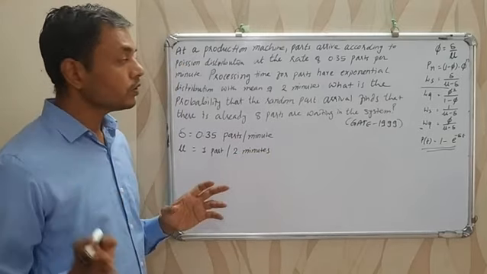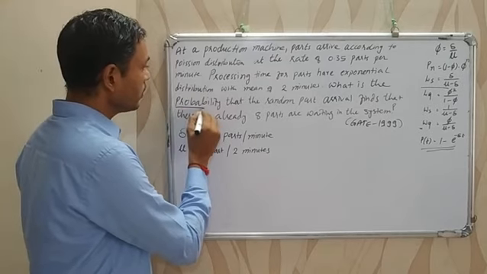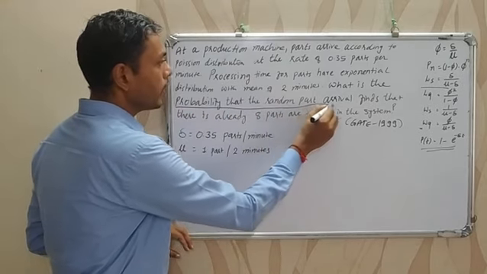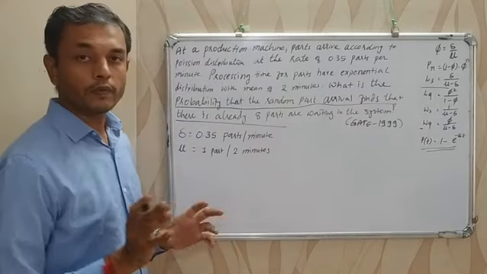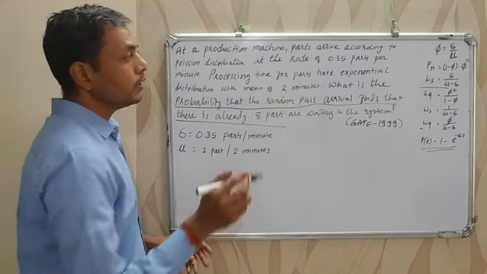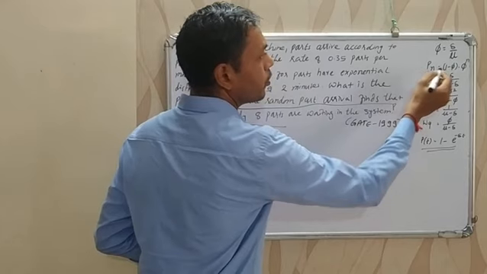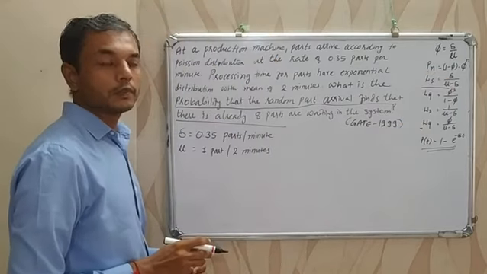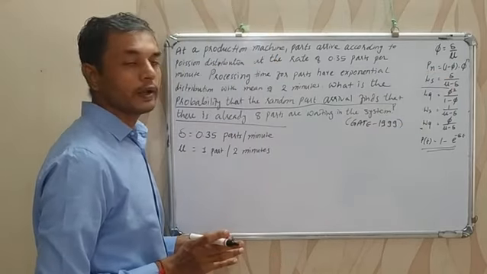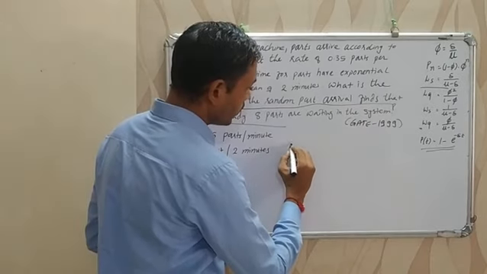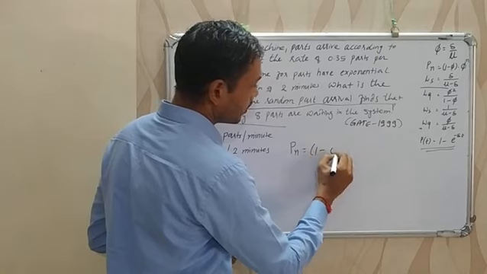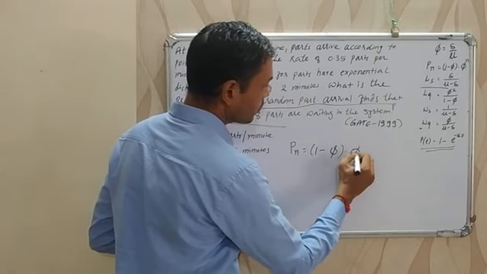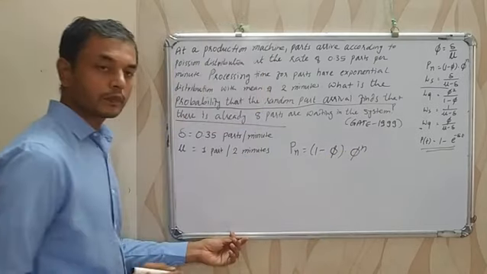The question asked is, what is the probability that a random part arrival finds that there are already 8 parts waiting in the system. So that is Pn, the probability of n parts waiting in the system, equal to 1 minus rho into rho raised to n.